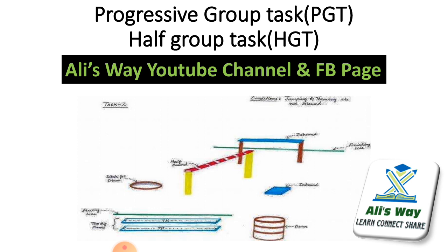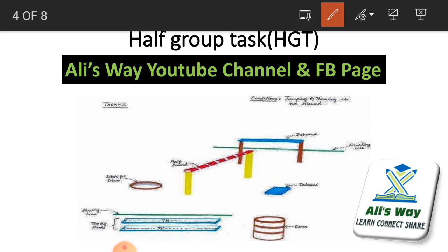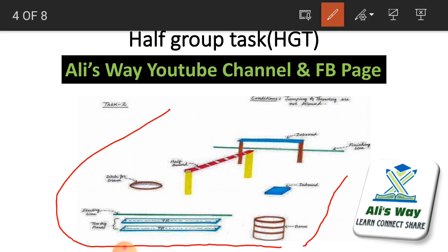The first outdoor tasks would be progressive group task and half group task. These tasks take place on the second testing day. In these tasks you are first given a progressive group task, which is the same as this task.